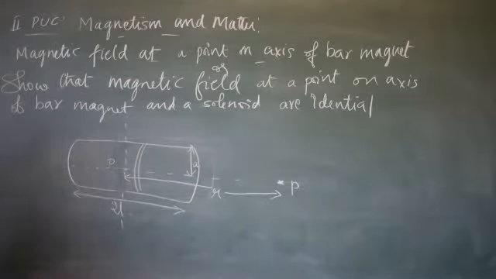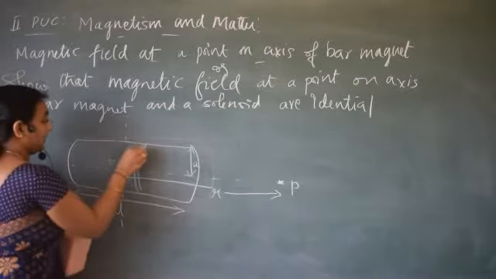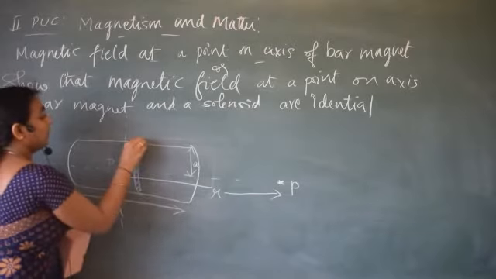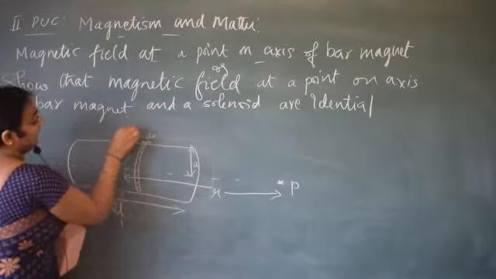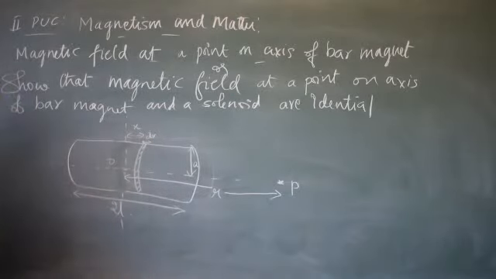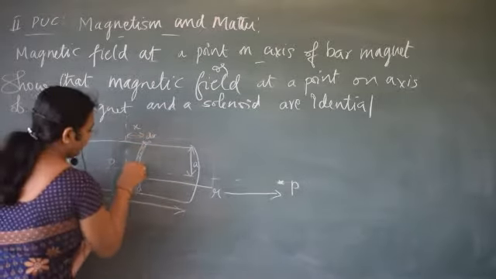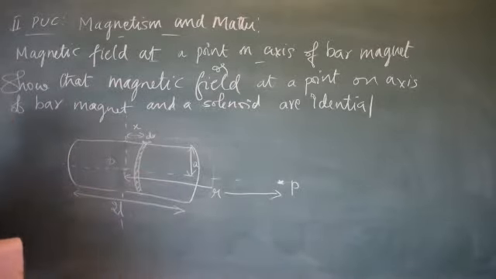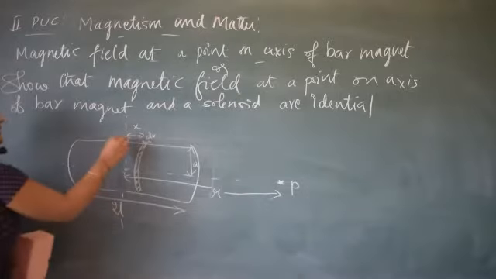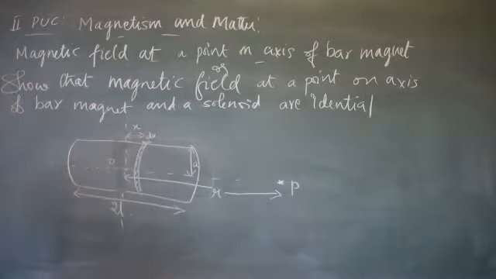Now let us consider one small element, a circular element of thickness dx, which is at a distance x from the center of the solenoid.